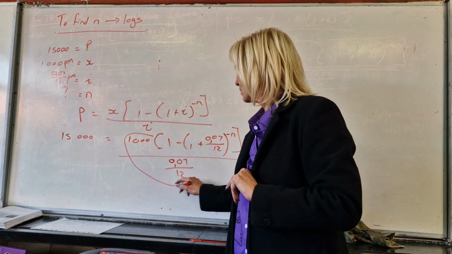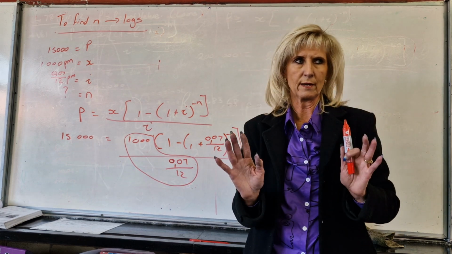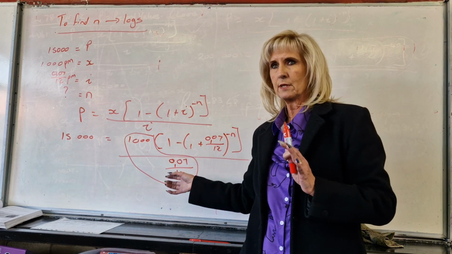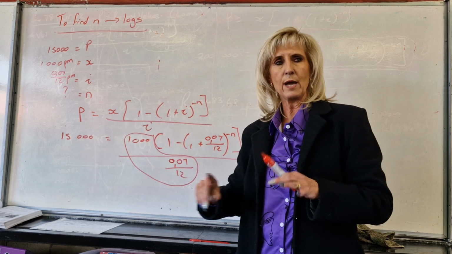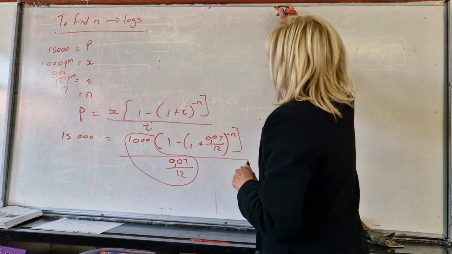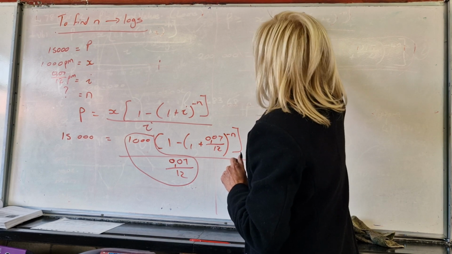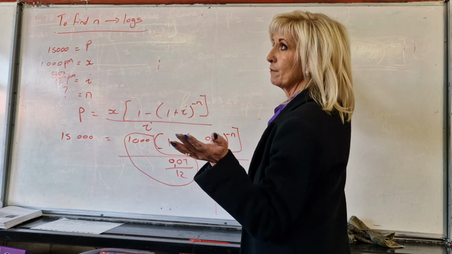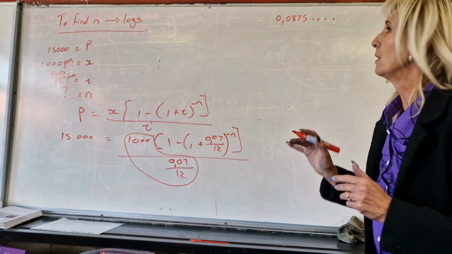So I'll do this first, get rid of it, whichever way you like. You want to do that first, divide that by that, times away, divide away, as long as you get this answer of 0.0875. Do you round off? No. Okay, you can write it, but don't round off.